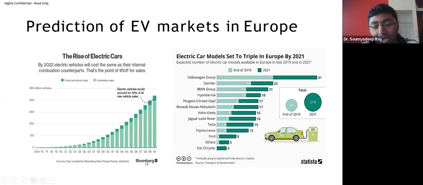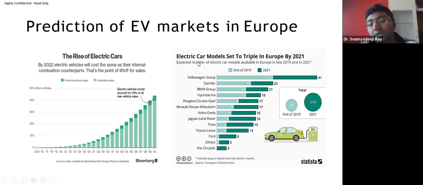I have taken some data from Bloomberg, and you can see the exponential growth. Up to 2040 they have predicted that 35% of all new vehicles would be electric vehicles. This is a before-COVID graph; I haven't updated it.